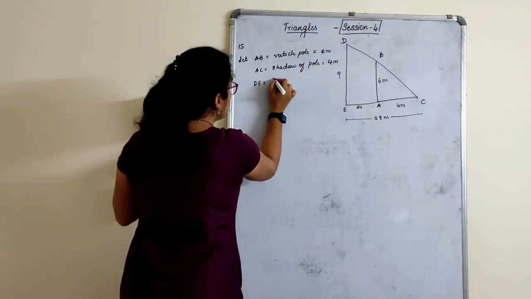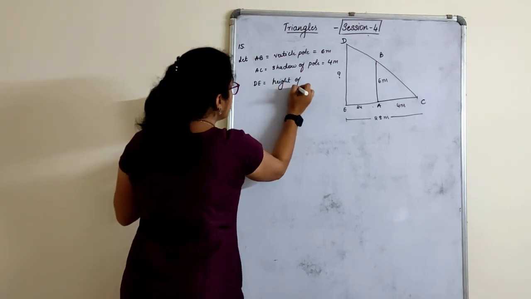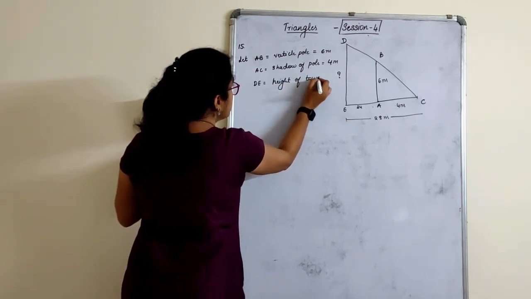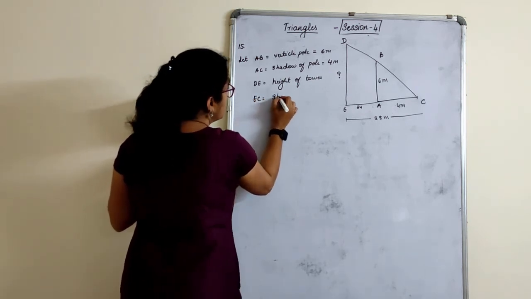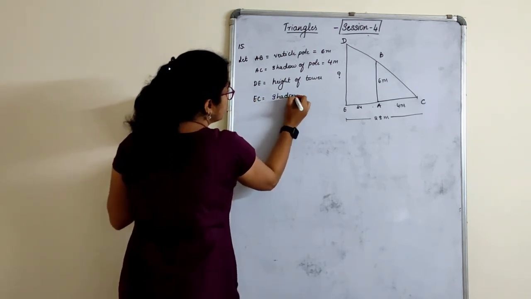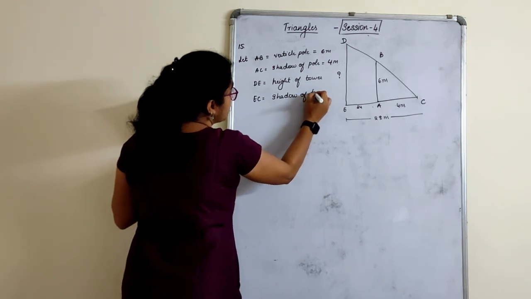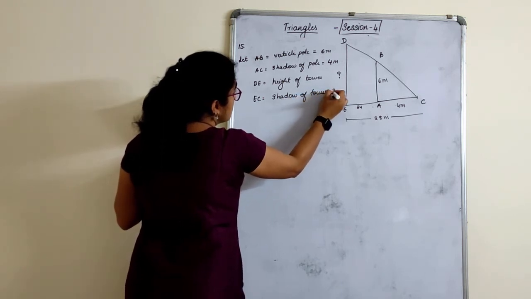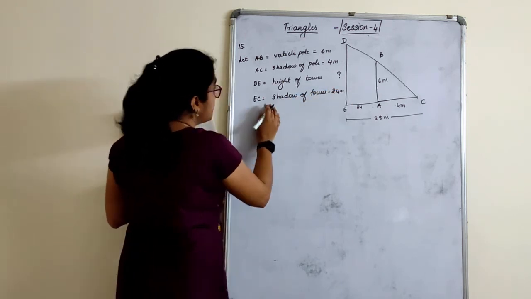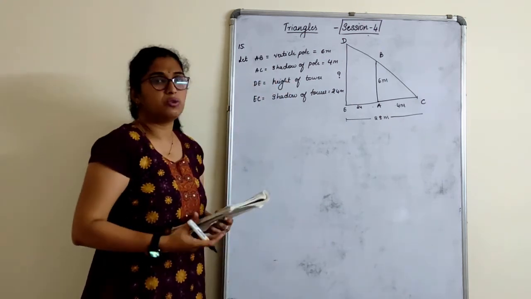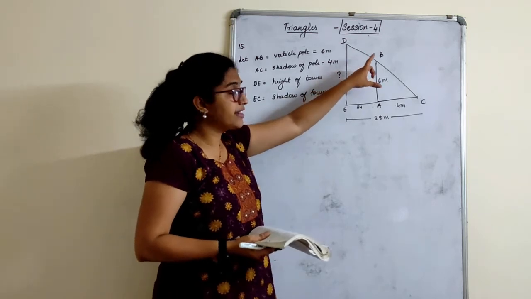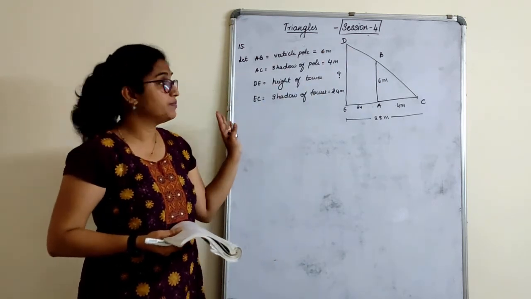DE is equal to height of tower, and EC is equal to shadow of tower. Very important to write this in your own words, in your own statement you can write. I have made it very simple to just analyze and write what we marked and what we have written.